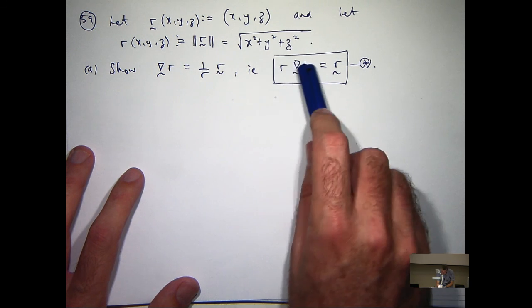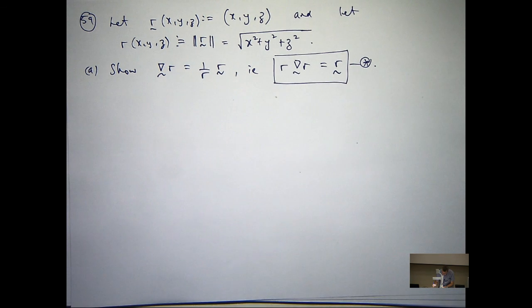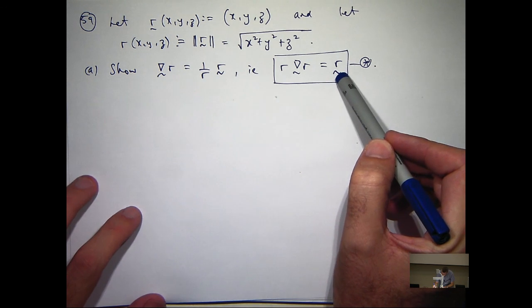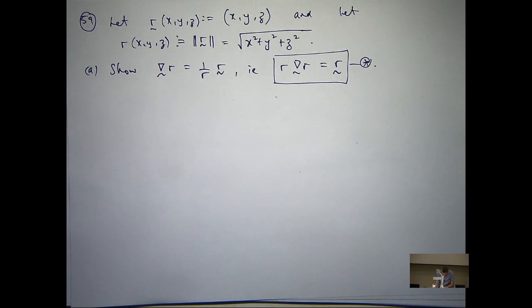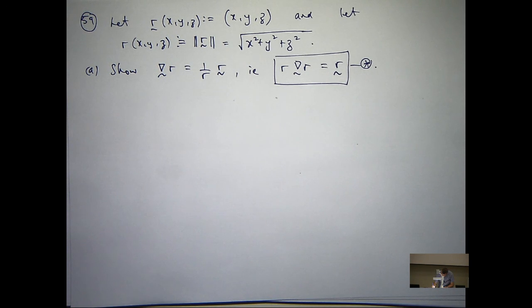So on the left, I've got a scalar times a vector, which is, what's that going to give me? A vector. And on the right-hand side, I've got a vector. So the equation certainly balances in terms of vectors versus scalars. But let's see if we can actually prove this.